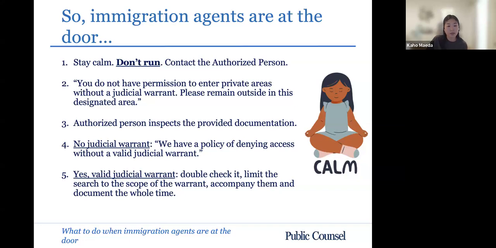And then if you want to object to any search that is outside of the scope of what is written on that valid judicial warrant, you can make that objection, simply present the objection, but don't engage in any debate or argument. Just make note of the objection. Your attorney should handle that later.